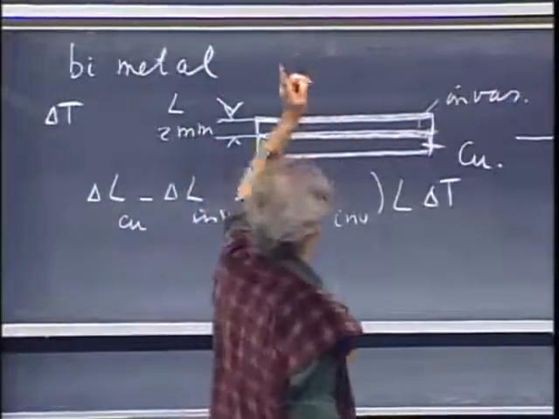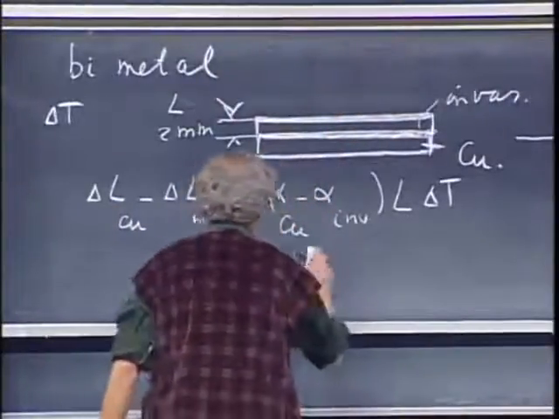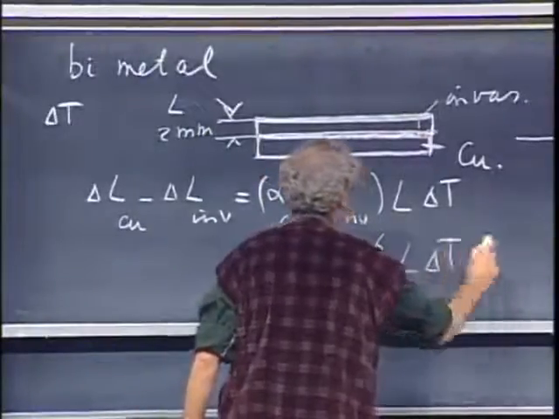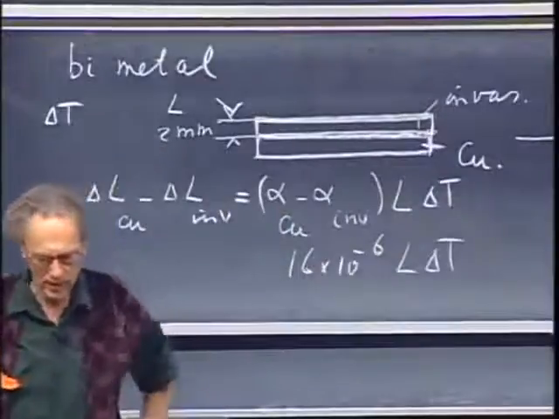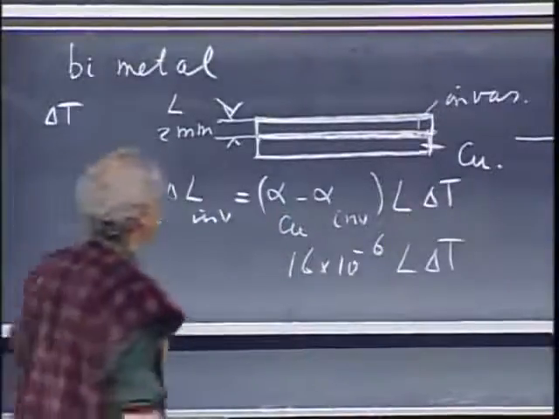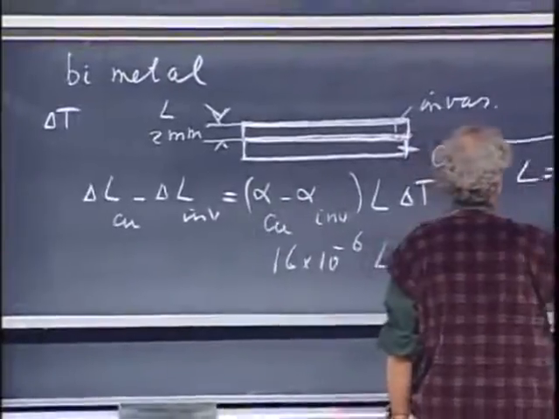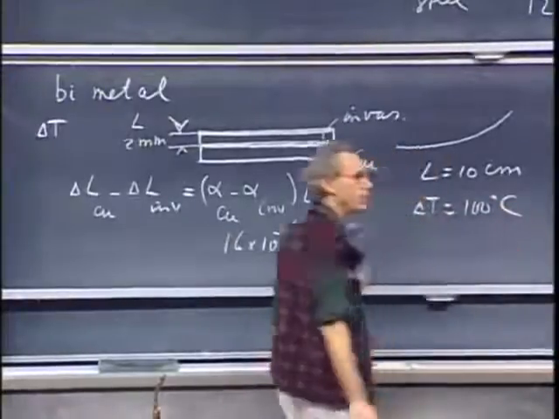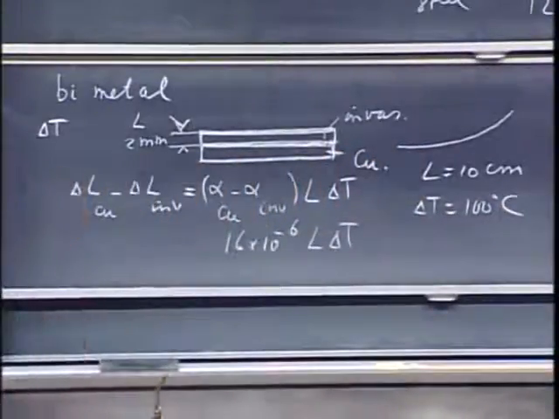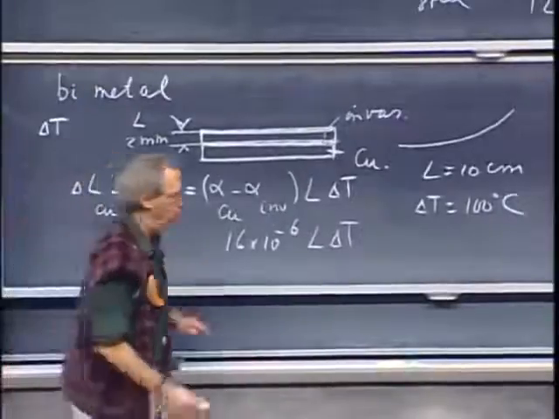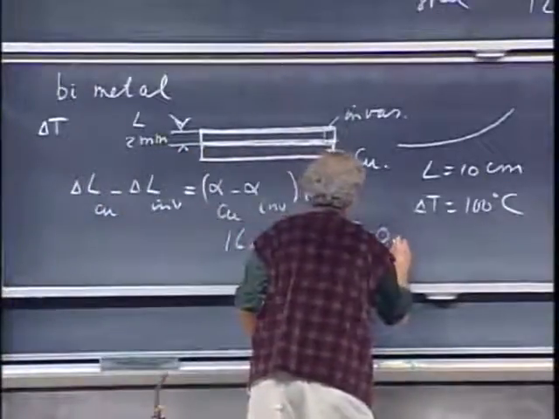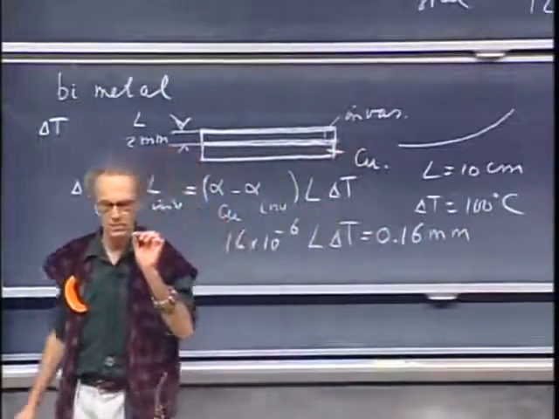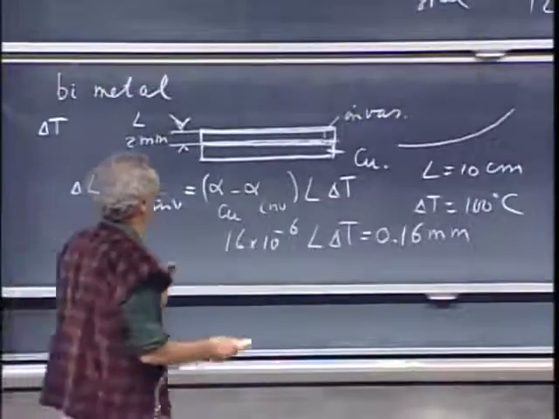So the difference is 17 minus 1, so that is 16 times 10 to the minus 6 times L times delta T. And if I take a length of 10 centimeters, and I increase the temperature by 100 degrees centigrade, then this difference, which you can easily calculate, is 0.16 millimeters. Very little.